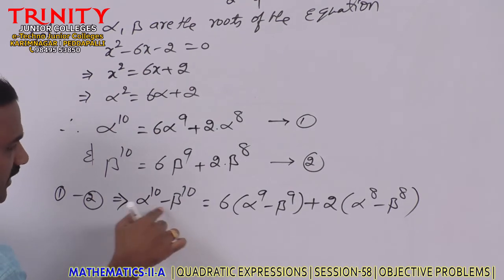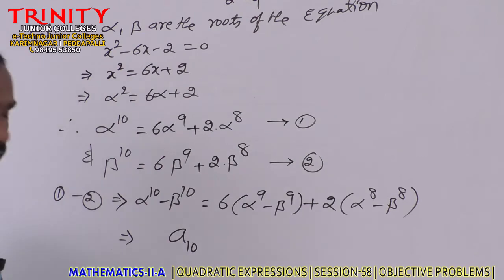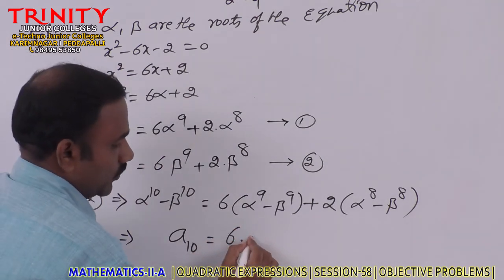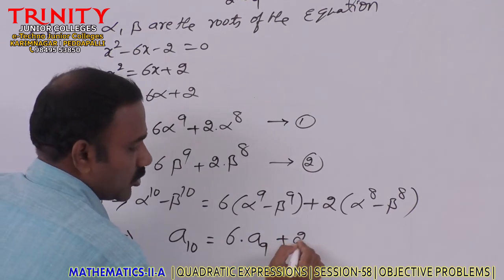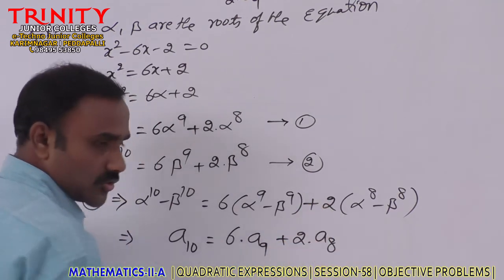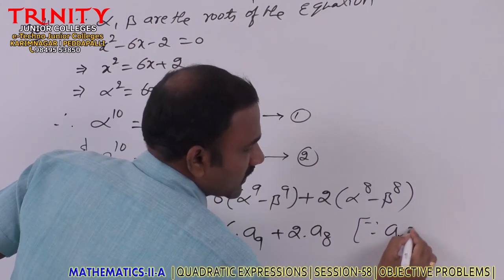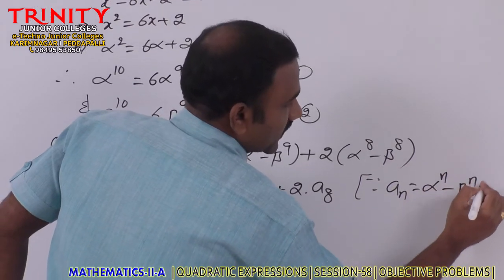Now, alpha power 10 minus beta power 10, I can write it as A10 is equal to 6 into A9 plus 2 into A8. See, since An is given as alpha power n minus beta power n.